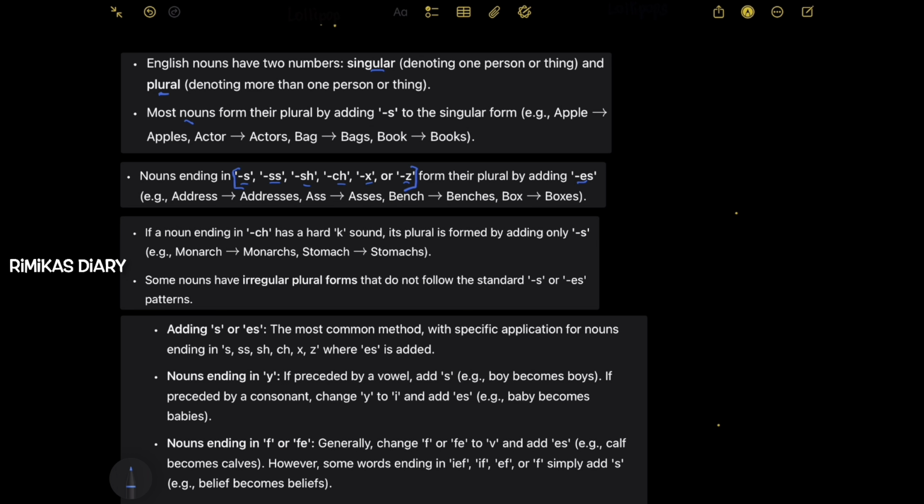Nouns ending in s, ss, sh, ch, x, or z form their plural by adding es. If these combinations are at the end of a word, then we form its plural by adding es at the end. Example, address. There are two s at the end, so we add es.